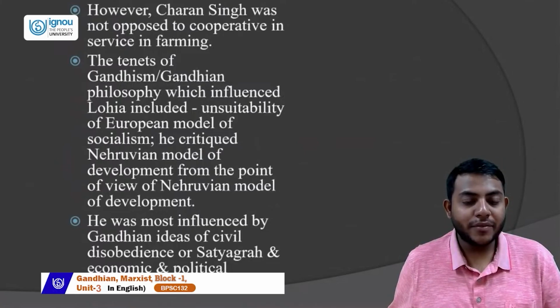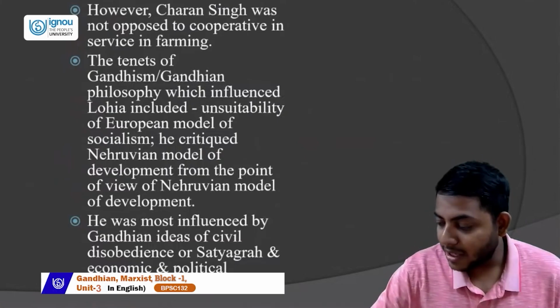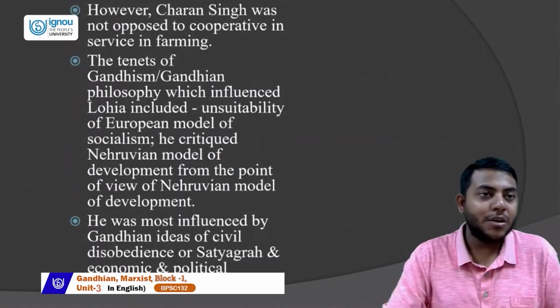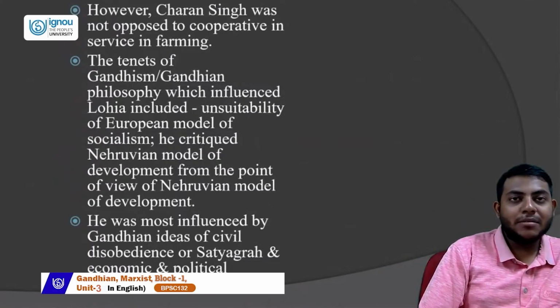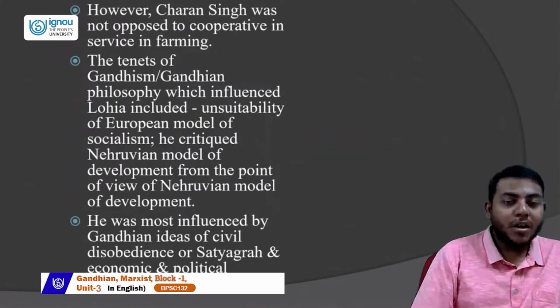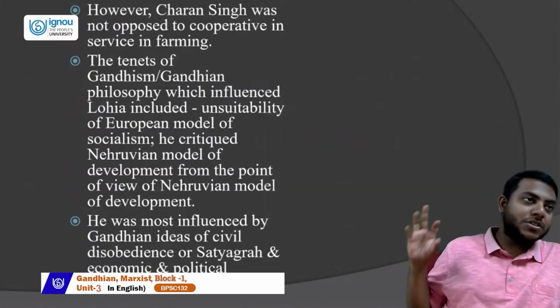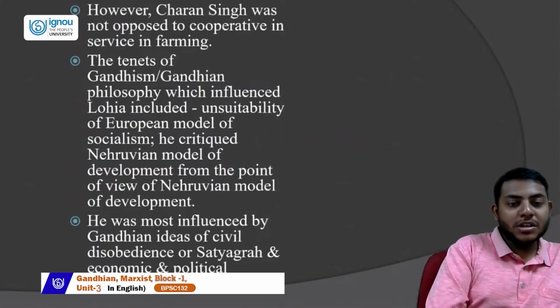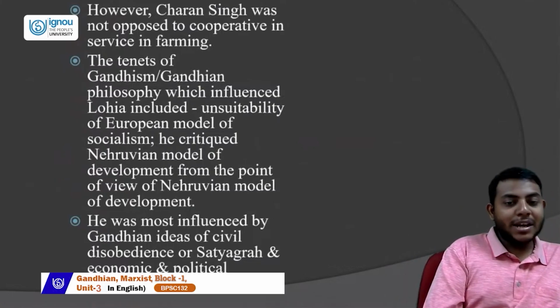The tenets of Gandhian philosophy which influenced Ram Manohar Lohia included the unsuitability of the European model of socialism. Ram Manohar Lohia was against imposing any European model of socialism. For example, Pandit Jawaharlal Nehru was influenced by the Fabian socialism of England, and then there were the Marxist parties which were influenced by the Russian socialism, Marxism and Leninism.